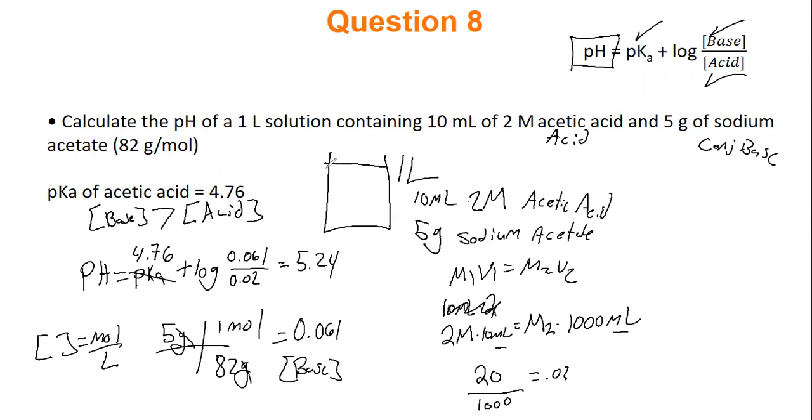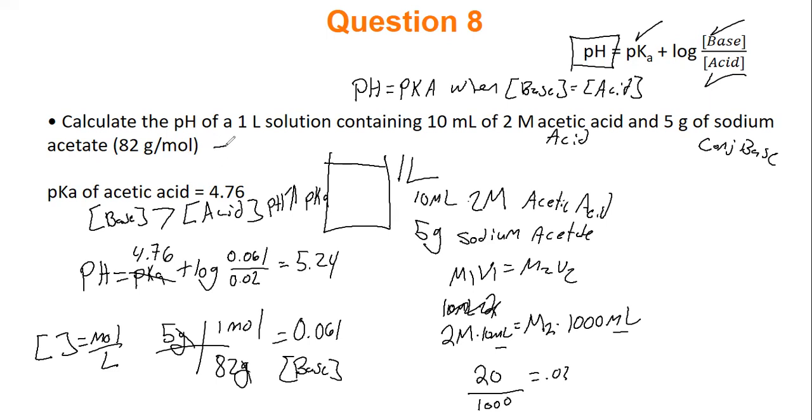Therefore, pH is equal to my pKa when the amount of base is equal to the amount of acid. If I get into the situation where my base is greater than my acid, I would expect my pH to be greater than pKa.